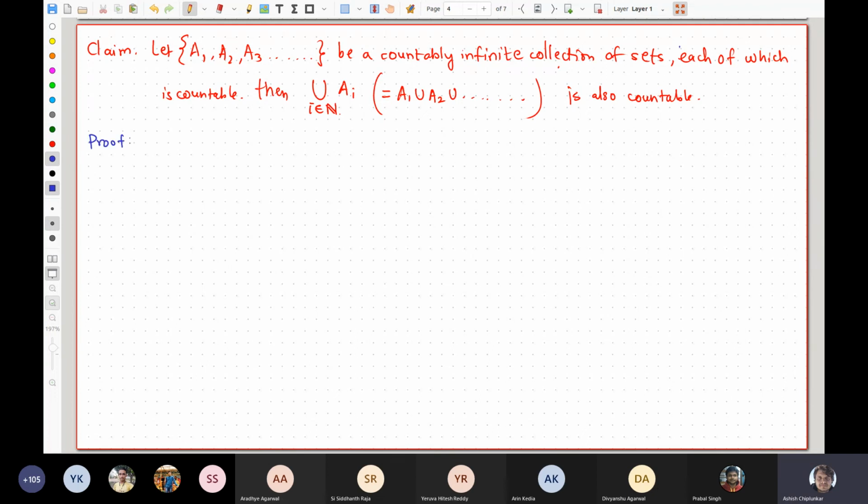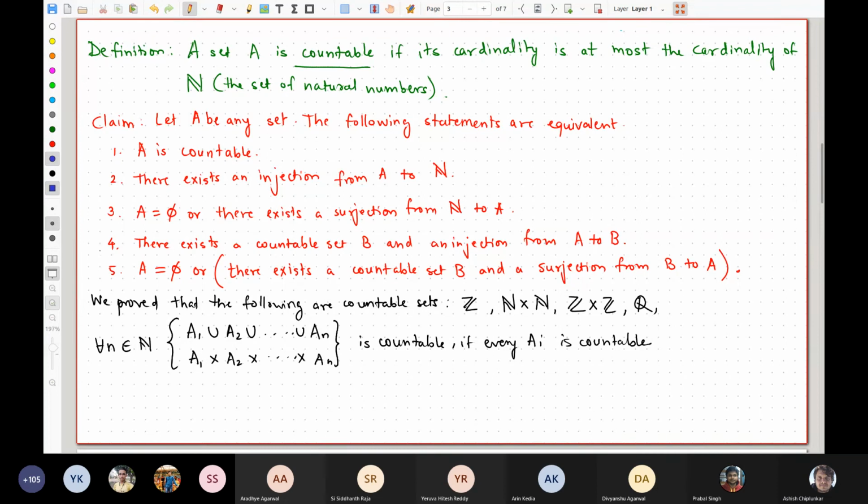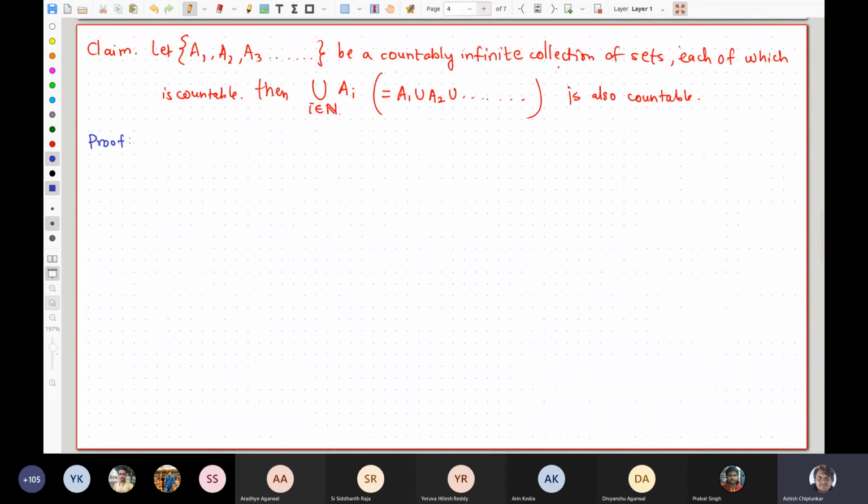Right, so first of all, let's do a bit of pre-processing. If some A_i is empty, we can just remove it from the collection.